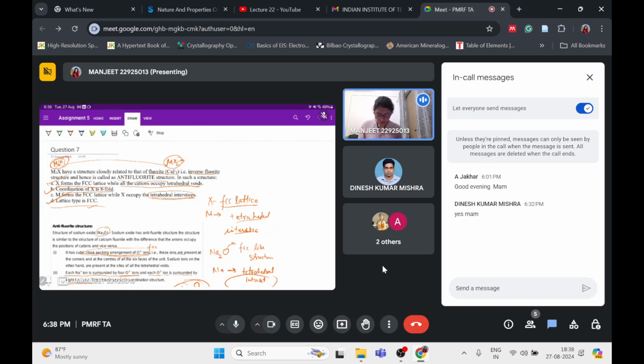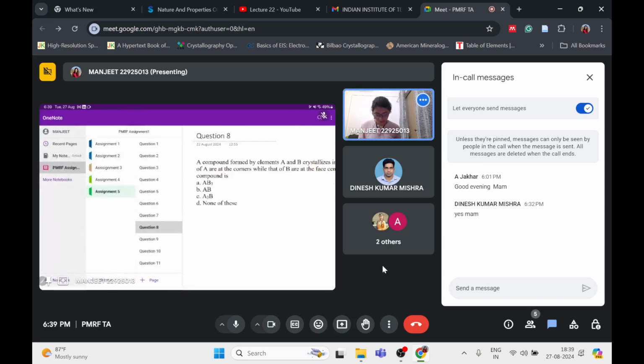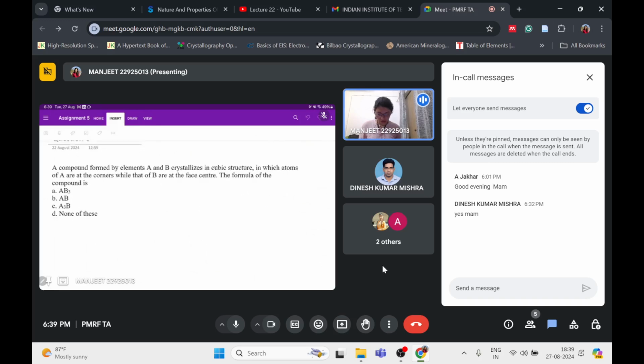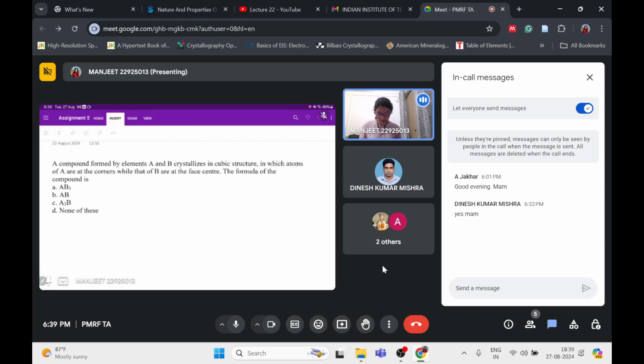Let's move to question number 8. Just read the question and tell me the answer, this is an easy one. A compound formed by the elements A and B crystallizes in a cubic structure in which atoms of A are at the corners while those of B are at the face centers. What is the formula of the compound?